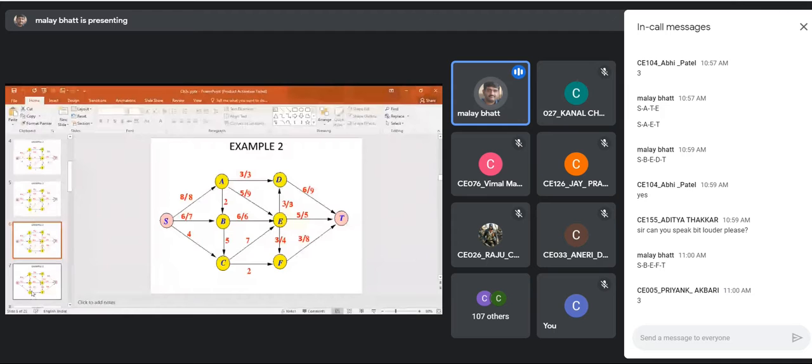S to B, from B will go, and from E will go to F, and from F we can go to T.